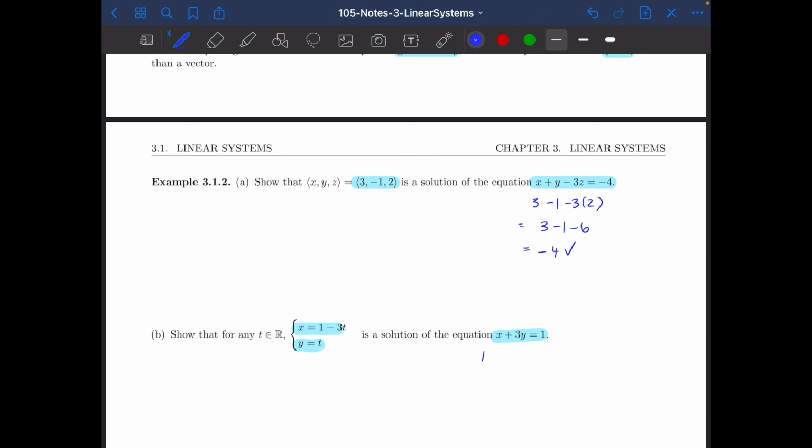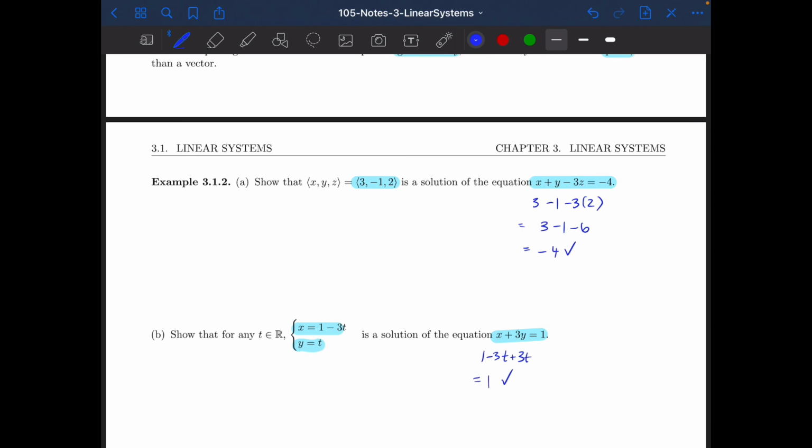So x is 1 minus 3t plus 3 times y. y is equal to t. 1 minus 3t plus 3t is equal to 1. And so for any t in R, x equals 1 minus 3t and y equals t is a solution of the equation x plus 3y equals 1.